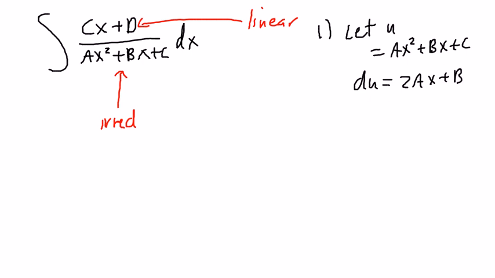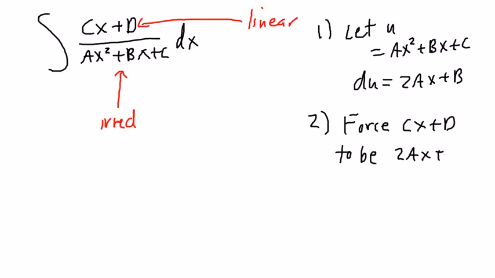The second step is to force cx plus d to be 2ax plus b, and then the way that you do this is by splitting cx plus d into two terms.